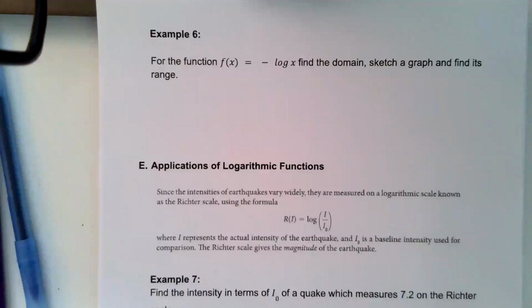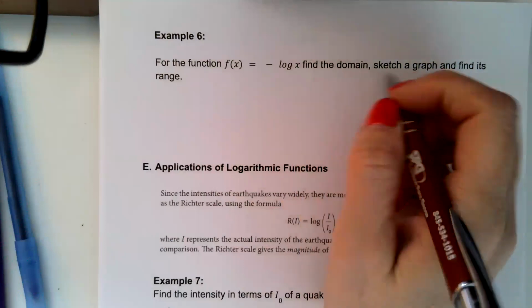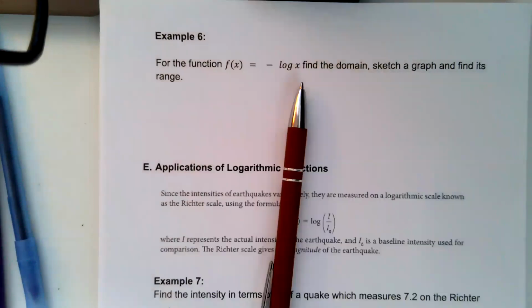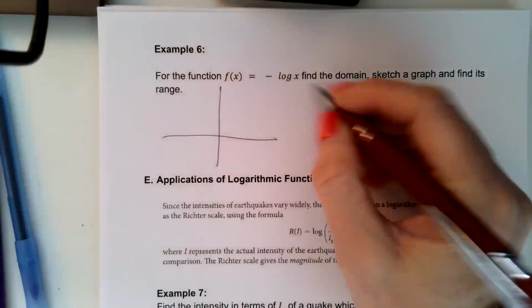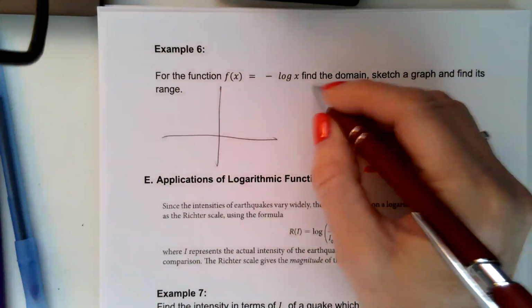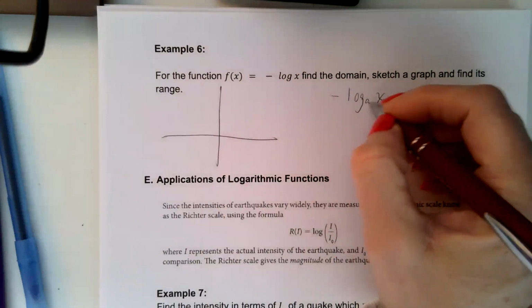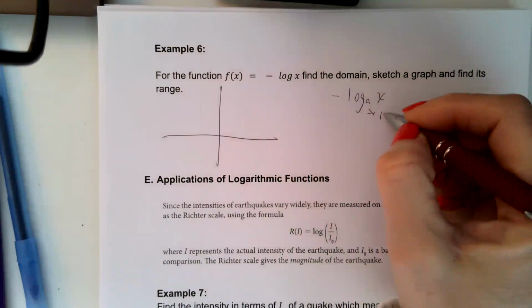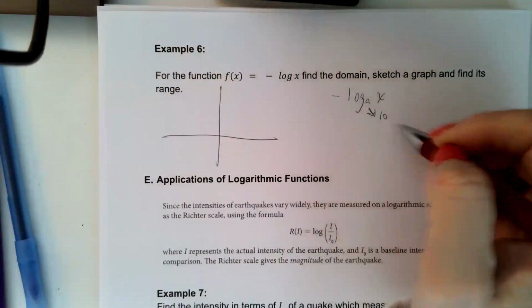So example 6 says for the function f of x equal to negative log x, find the domain, sketch a graph, and find its range. So negative log x. In this case, that means it's a negative of log base A of x, where A must be 10, because when it's a basic log, we always assume it's 10.